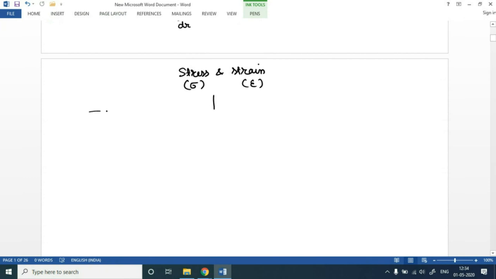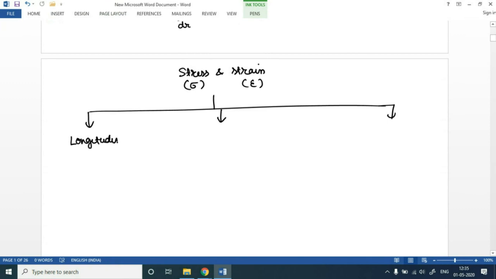We can define these in three different ways. The first one is known as longitudinal stress or strain. The second one is shear stress or strain. And the third one is volume stress or bulk stress or strain.